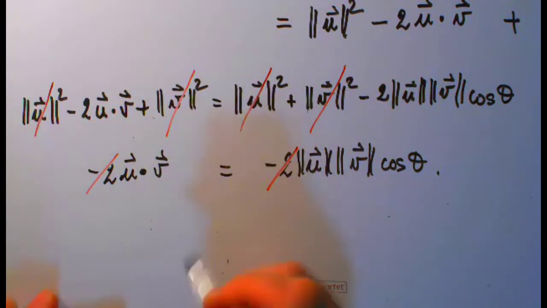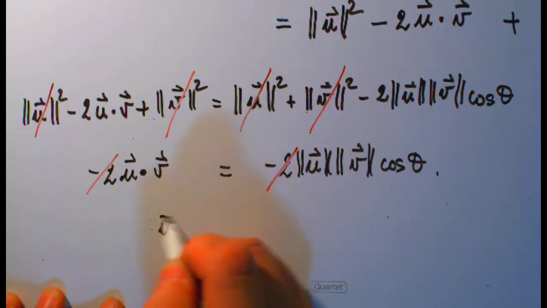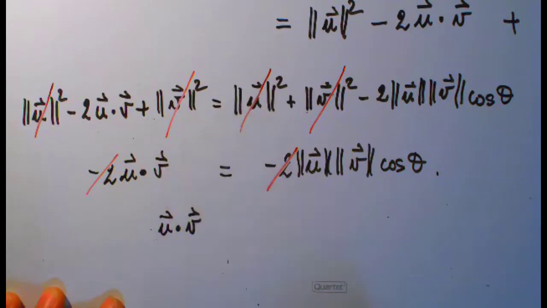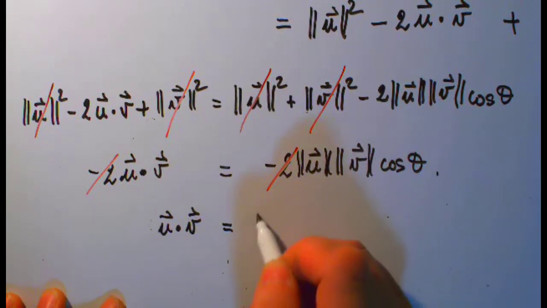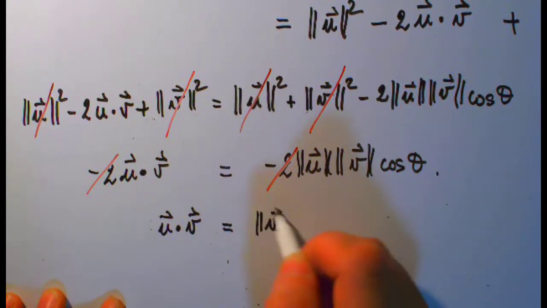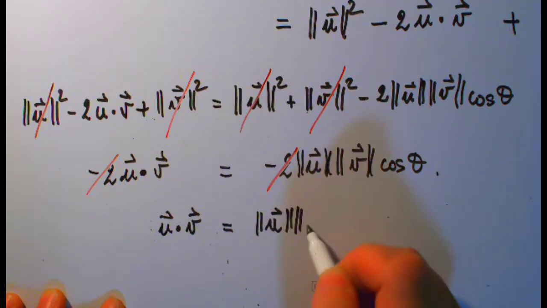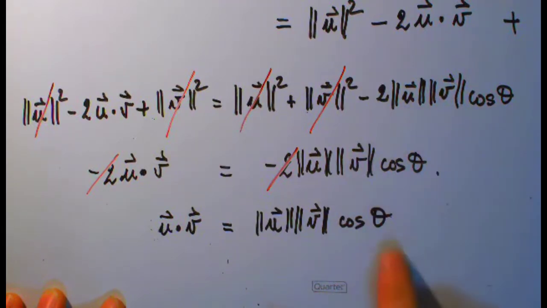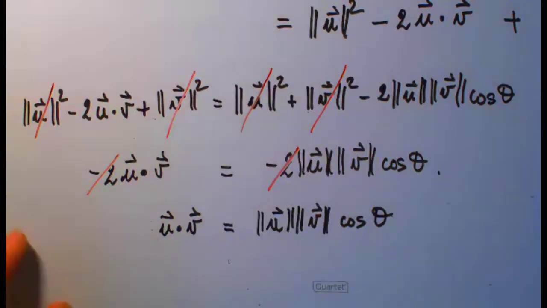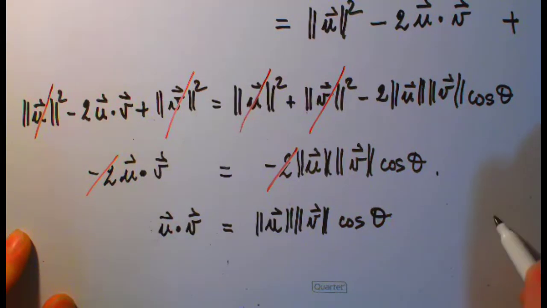Look at what we have turned out. We now came down to u dot v, the dot product between u and v, turning out to be, shockingly, the length of u times the length of v multiplied with cosine of theta, where theta is the angle between u and v, the smaller angle between u and v. And so we came to the end of our proof.